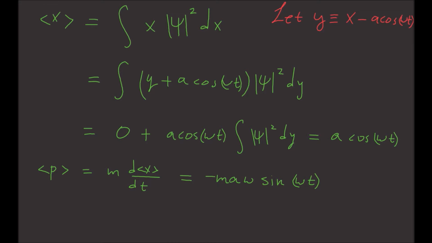So now let's take a time derivative of this expectation value of p. So this gives us minus m a omega squared cosine of omega t.